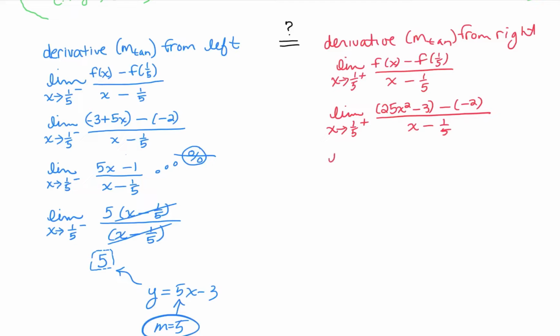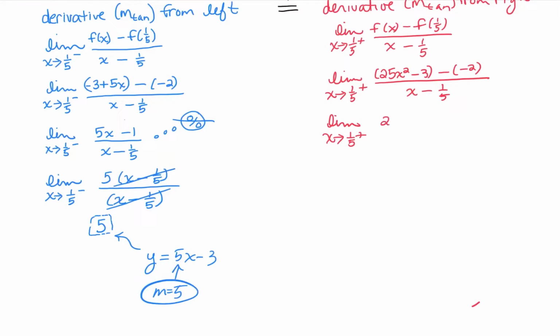And so let's do a little bit of simplifying here. So limit as x approaches 1/5 from the right. So we're going to have our 25x squared minus 3, plus 2, minus 1. That's what I meant to write. So minus 1, all divided by our x minus 1/5.